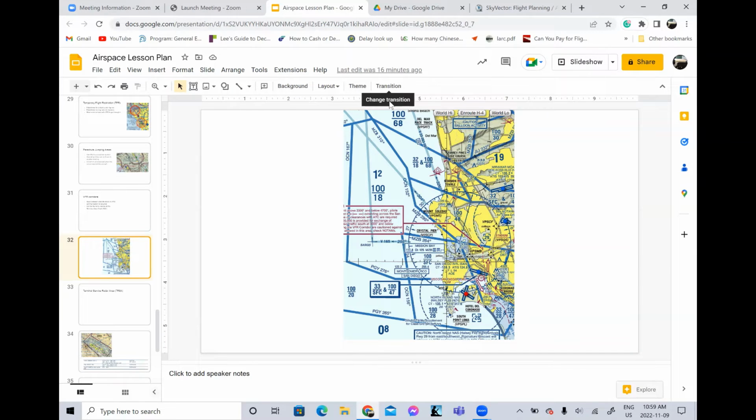Let's say we're coming from the north and we just want to go as far south as possible. Since we're most likely flying an easterly heading, we need to be at an odd 1,000 plus 500 feet. So let's say we're coming in at 3,500 feet. We'll be below this Class Bravo shelf.